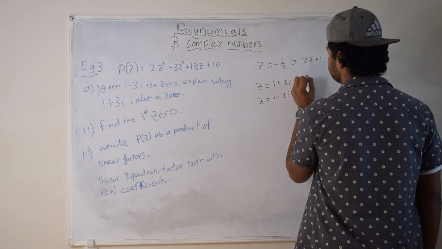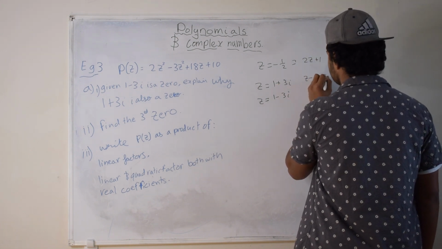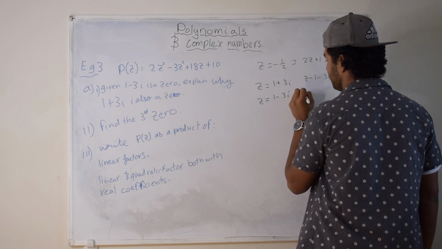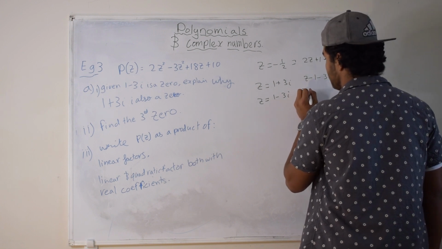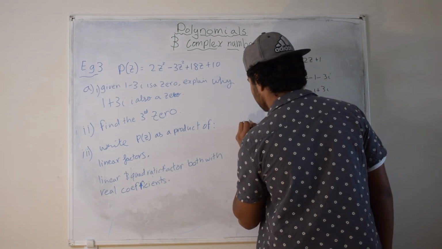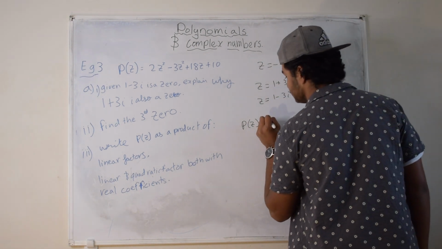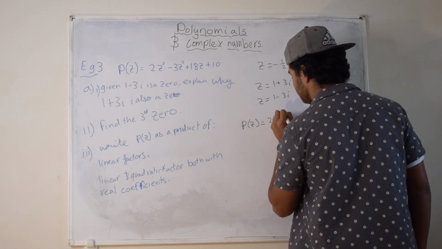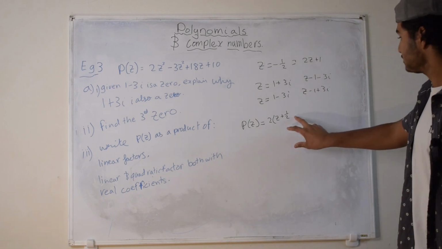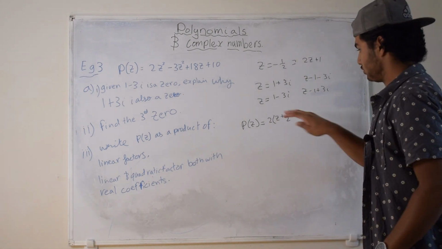We've gotten z minus 1 minus 3i, second one, and then the third factor is z minus 1 plus 3i. Rewrite this. So P of z then equals, we can factor out the 2, 2 brackets z plus 1 upon 2, because 2z plus 1.